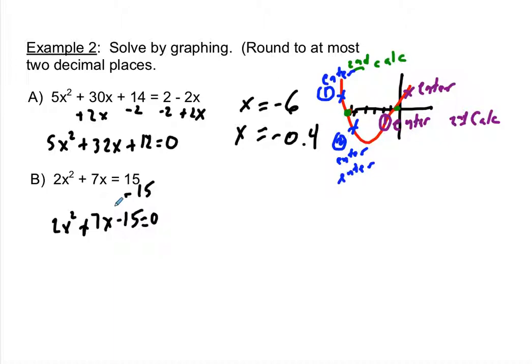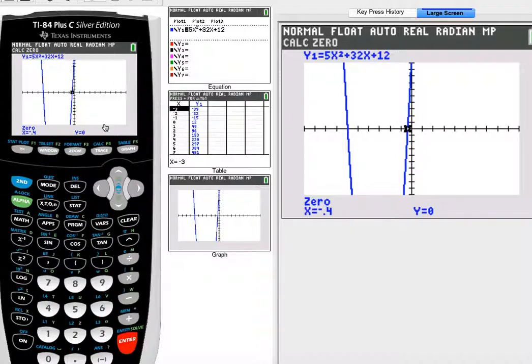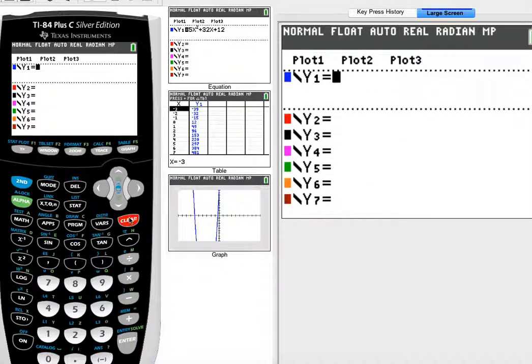So let's go to our graphing calculator again. I'm going to go to my y equals, and clear out what I have in there. I'm going to punch in 2x squared plus 7x minus 15. Graph.